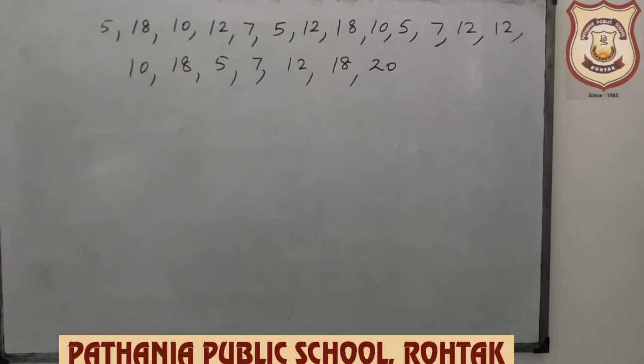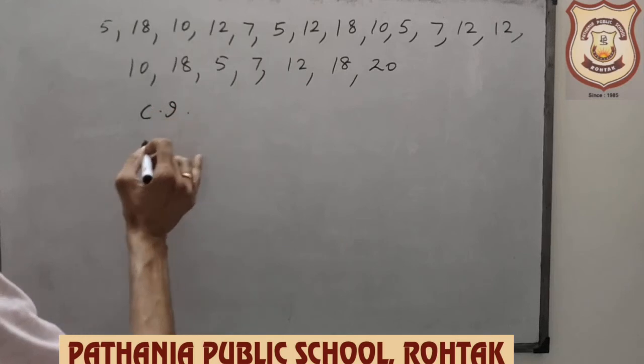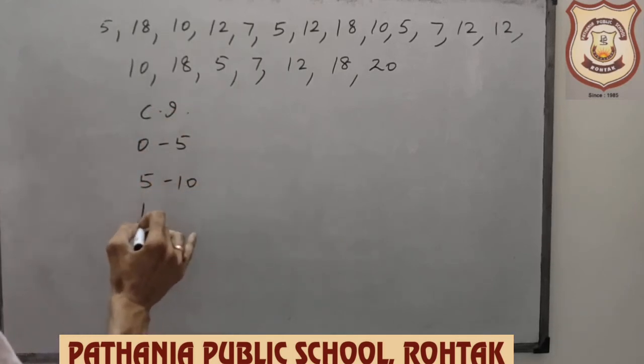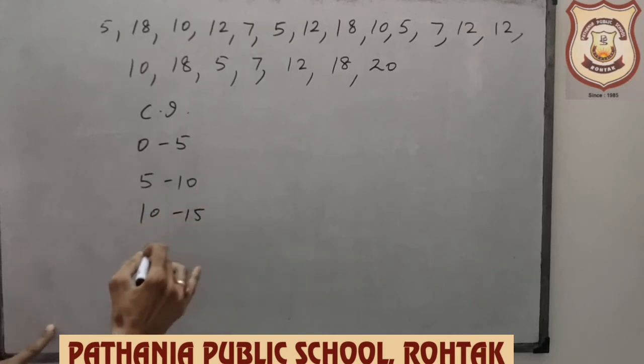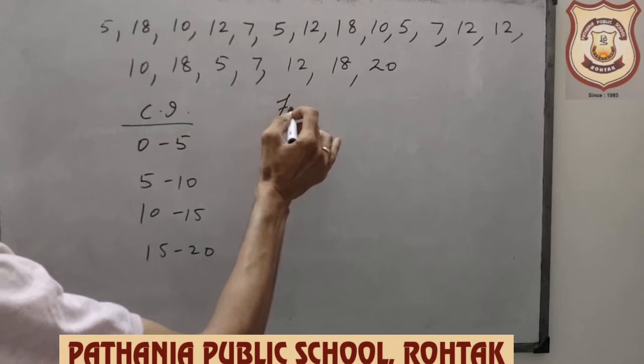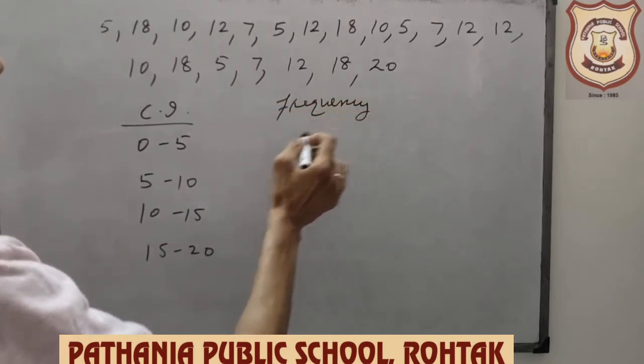Class width 5. For example, just like class interval I am writing here, 0 to 5, 5 to 10, 10 to 15, and 15 to 20, and write here the frequency. Frequency means number of students obtaining the marks.